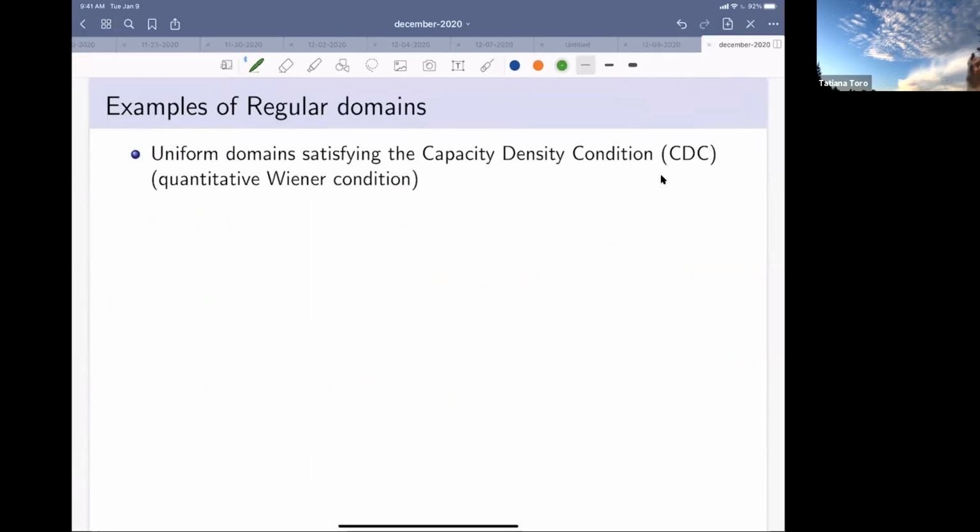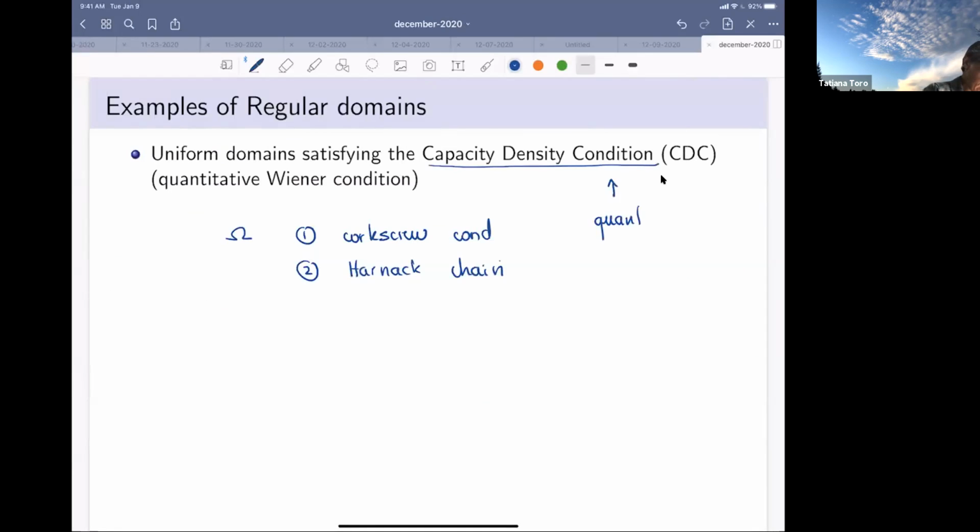That is a domain omega that satisfies, one, the corkscrew condition, not for the complement, just for omega, two, Harnack chain, and three, the CDC condition, which is a quantitative version of Wiener's condition.